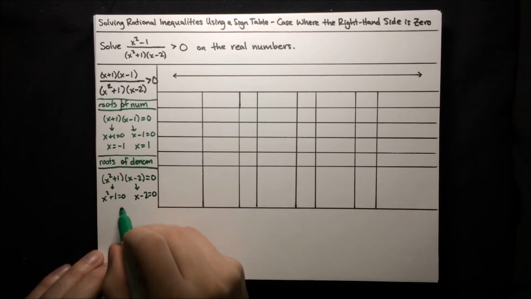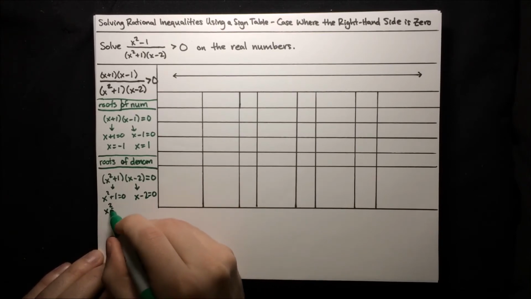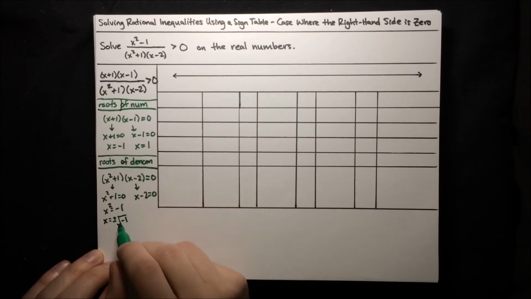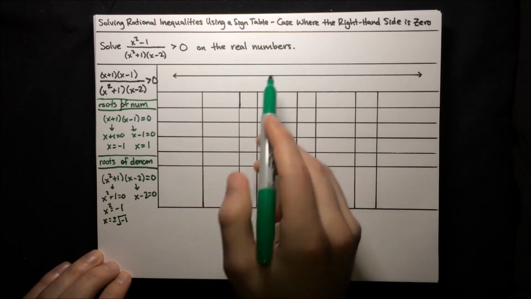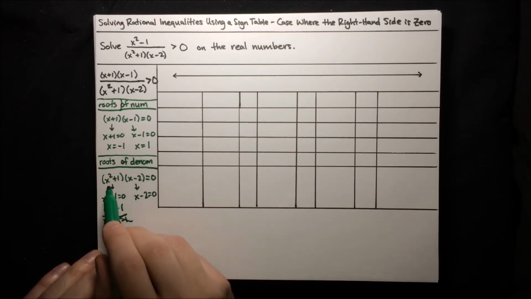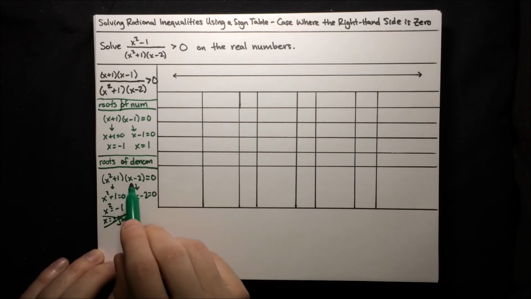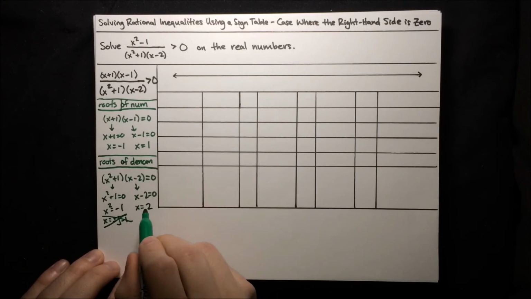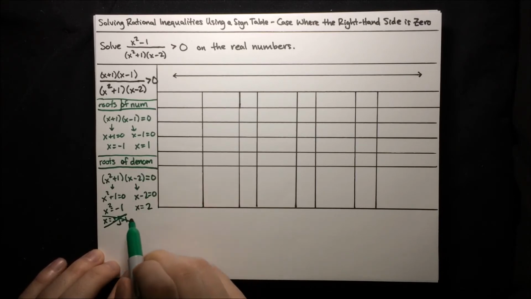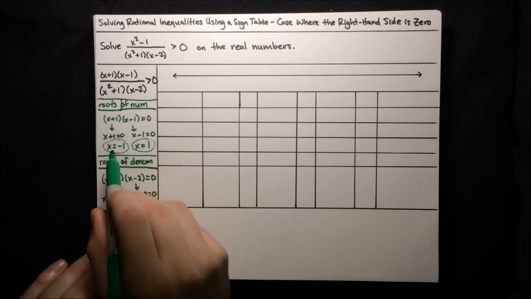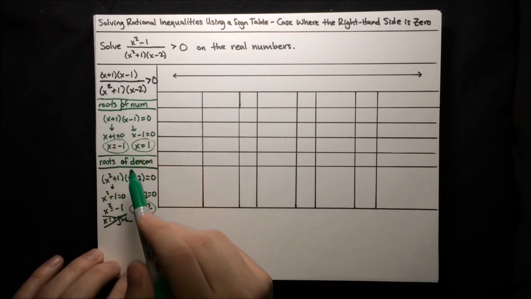If x squared plus 1 equals 0, then x squared equals -1, x equals plus or minus root -1, but that's an imaginary number, and we're only worried about the real numbers, so no real roots come from this factor. From x minus 2 equals 0, we've got x equals 2, that's a real root, so we consider that.